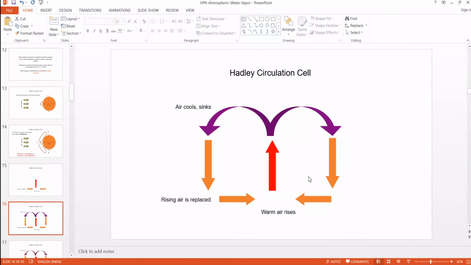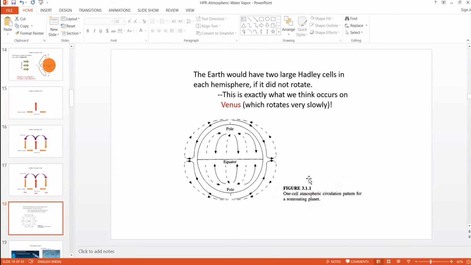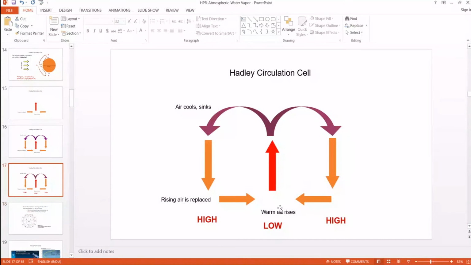So this is a simple schematic, okay, where this is the equator region. At the equator region, due to the high temperature, air quickly heats up. It becomes warmer and lighter and is lifted up. Then slowly, it loses its energy and moves back to the poles.